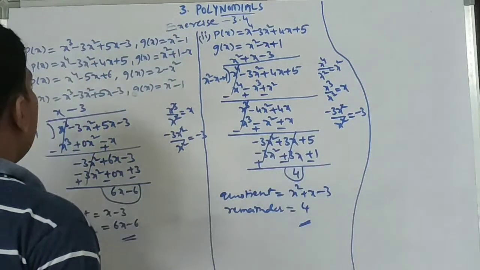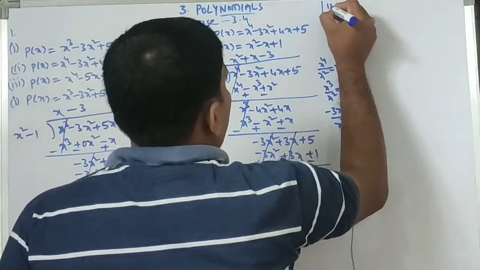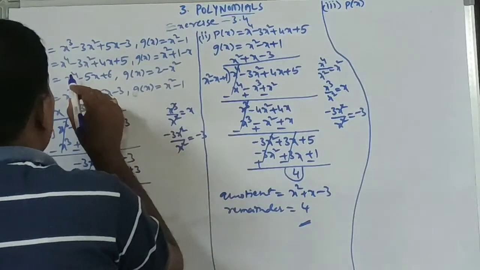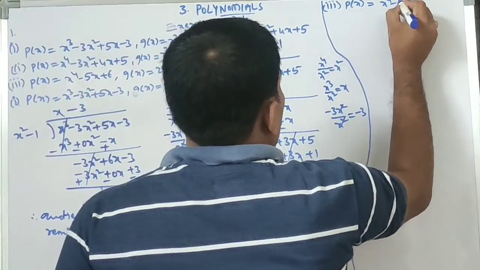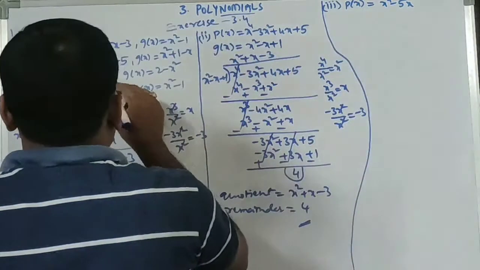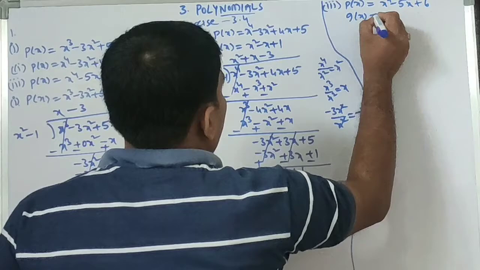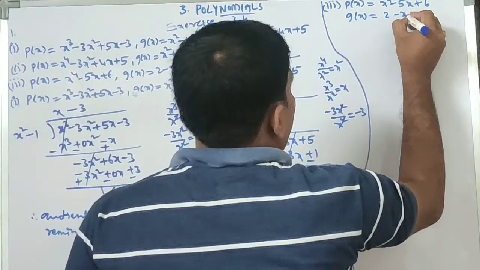Next, third one, P of x equal to x power 4 minus 5x plus 6. Next, g of x equal to 2 minus x square.